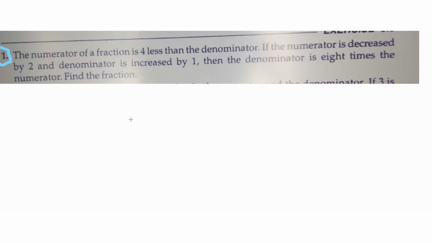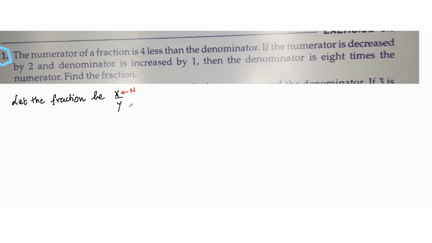The numerator of a fraction is 4 less than the denominator. So again, let us assign variables for numerator and denominator. Let the fraction be x by y, x divided by y, where x is the numerator and y is the denominator.